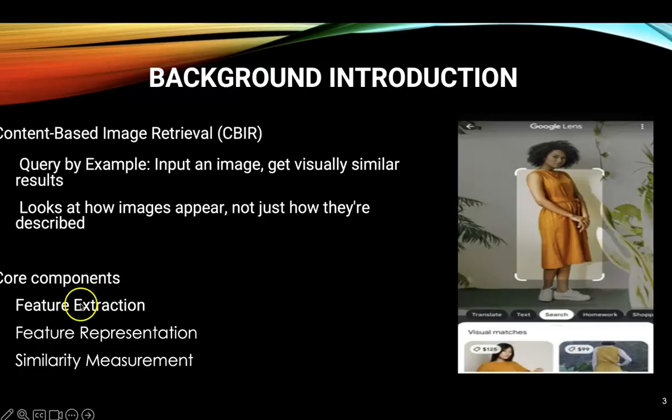CBIR uses similarity measurement, which is basically the similarity between the particular image and the desired image. We can use cosine similarity, Euclidean similarity, or Manhattan similarity to calculate the similarity measurements, and this is one of the core features.